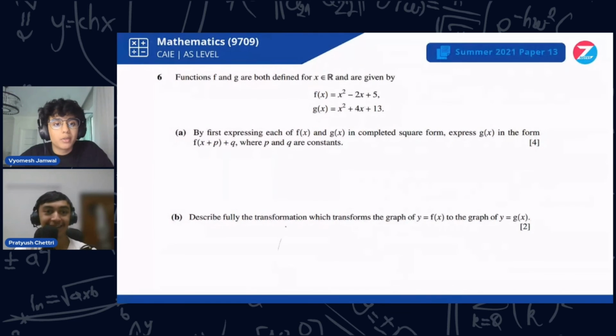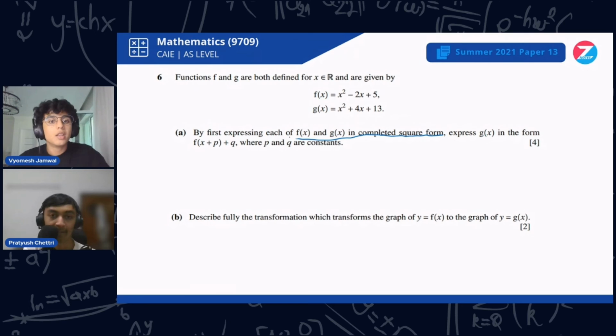Okay. So question number 6. Functions f and g are both defined for x which belongs to real numbers and are given by the following. First expressing each of f of x and g of x in completed square form, express g of x in the form where p and q are constants. So as learned before, let's do f of x first.